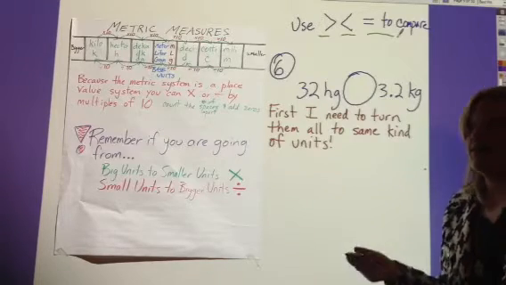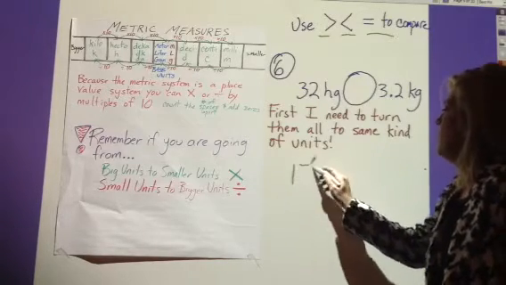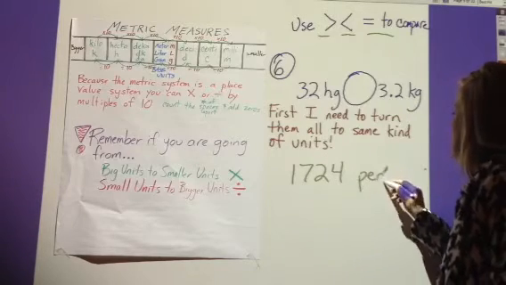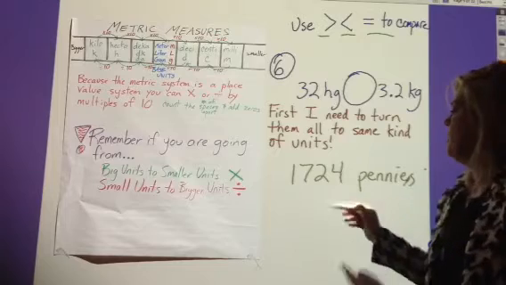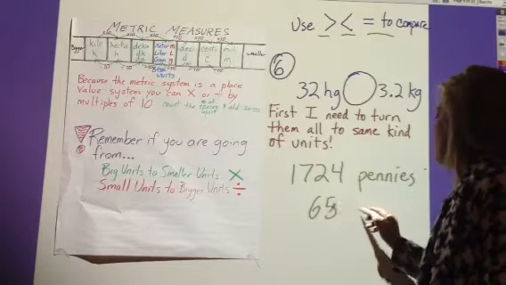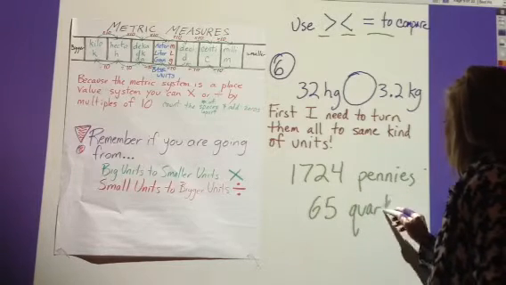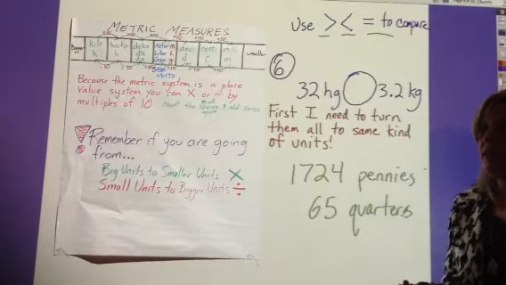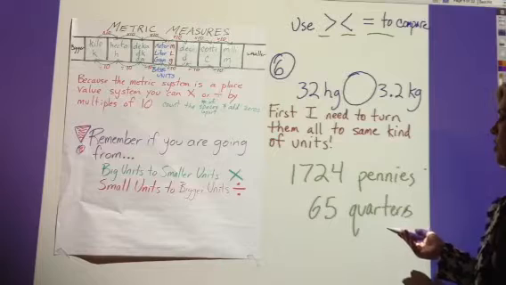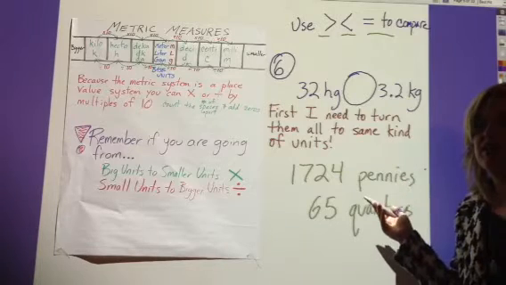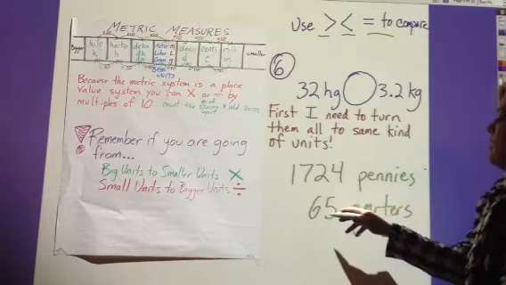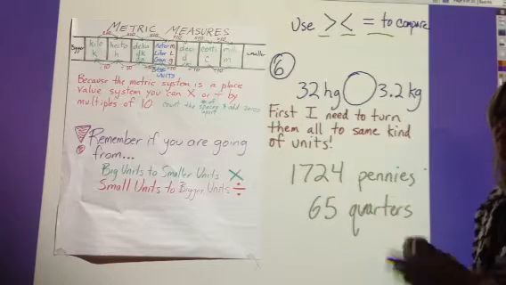It's kind of like if I said, all right, I'm going to give you 1,724 pennies, and the other person, I'm going to give you 65 quarters. Who has more money? Before you could really fairly compare, you would need to turn either all of your pennies into how many quarters, or you would need to know how many pennies is 65 quarters. You're going to have to pick.